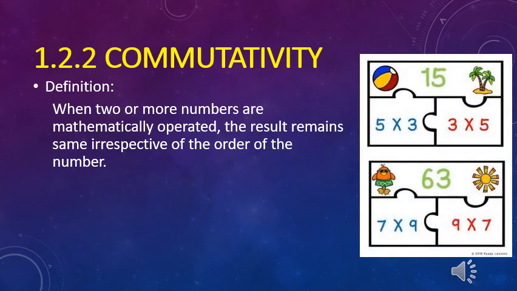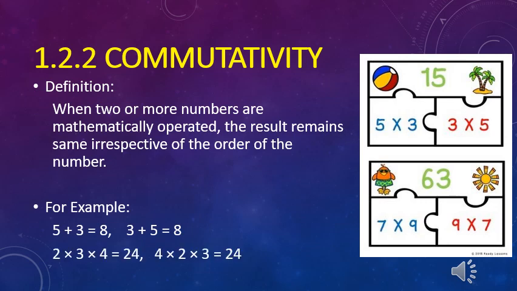To understand this better, let us consider the following example. Here, 5 plus 3 is equal to 8, so is 3 plus 5. Here we can see that the order of the number does not change the final answer.